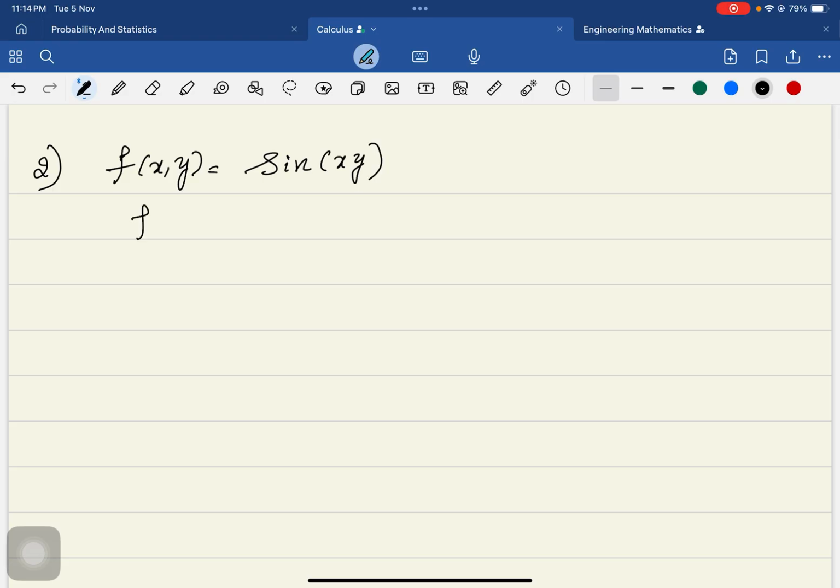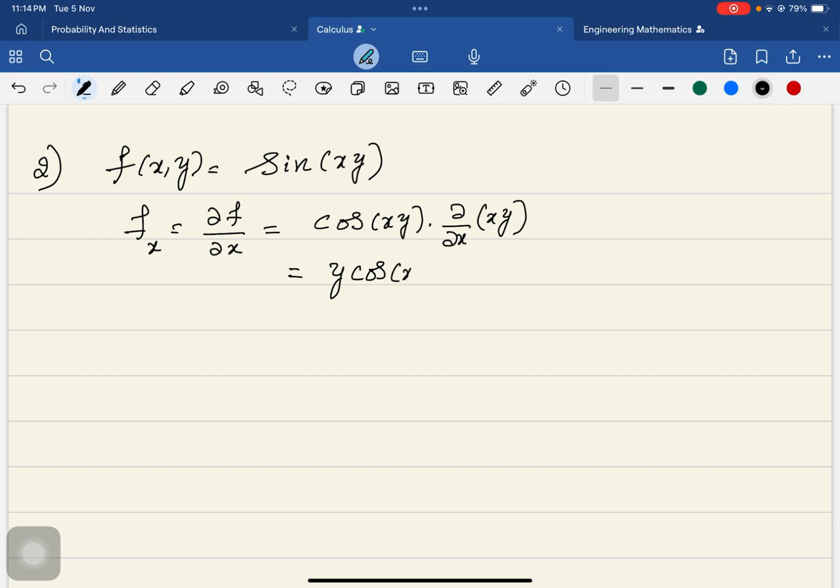Now first you find fx, which is dou f by dou x. The derivative of sine is cosine of xy, and then by chain rule, dou by dou x of xy. What is the constant here? The constant is y. So I write this as y times cosine of xy is fx. I hope it's clear.